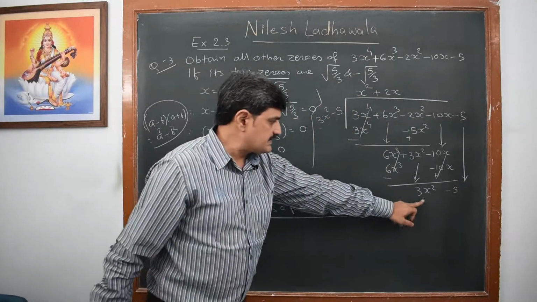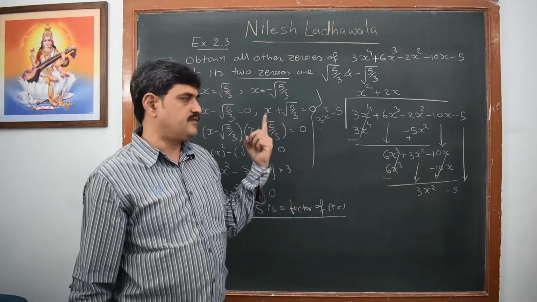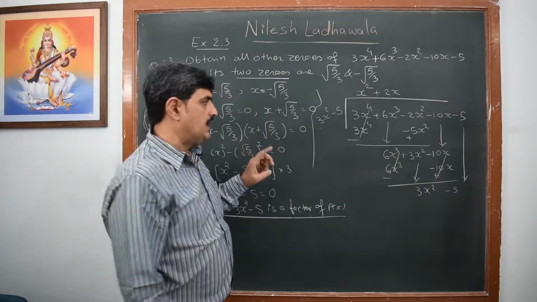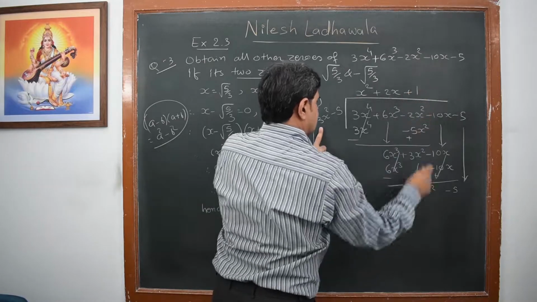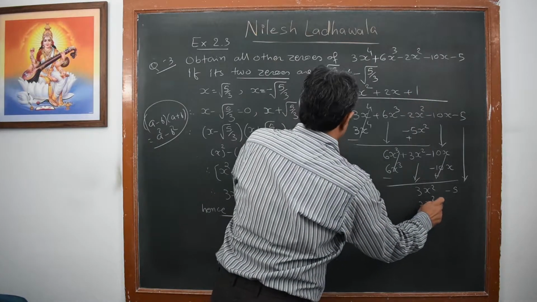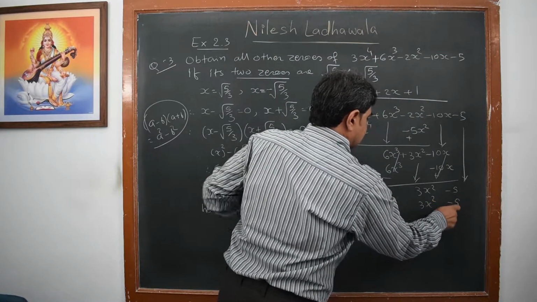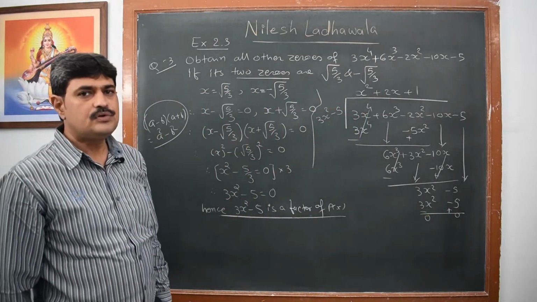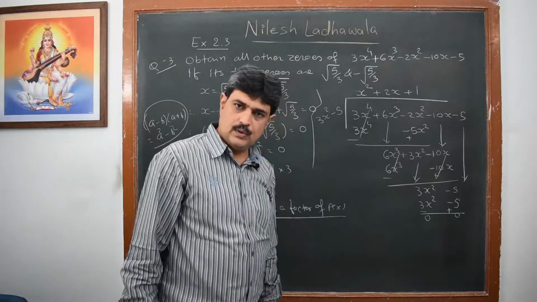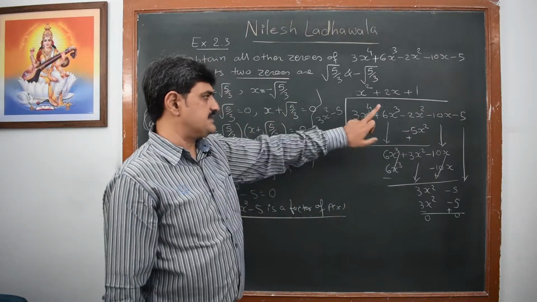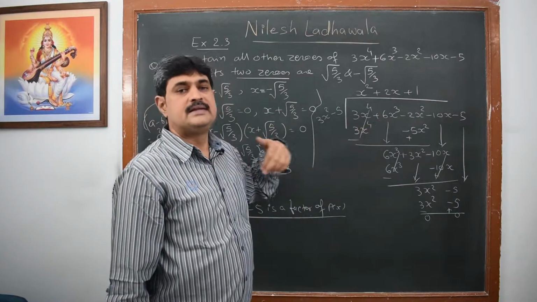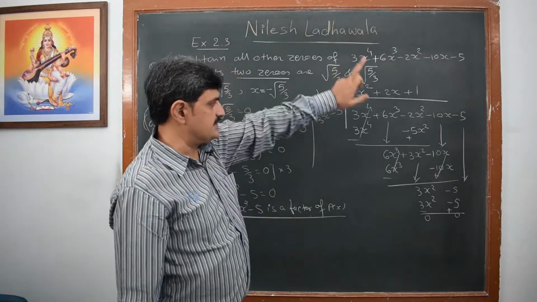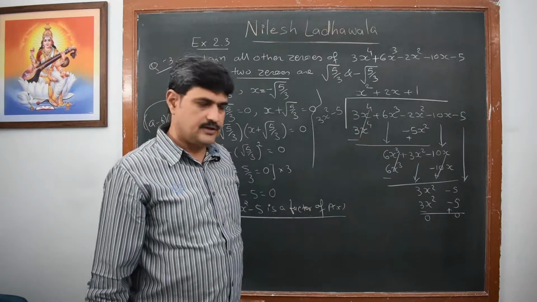I want here 3x squared, so if I multiply 3x squared with 1, I will get 3x squared minus 5 and we get remainder 0. As I have told you earlier, if the remainder is 0, we can say that g of x is a factor of the polynomial. Similarly, q of x is also a factor of the polynomial.